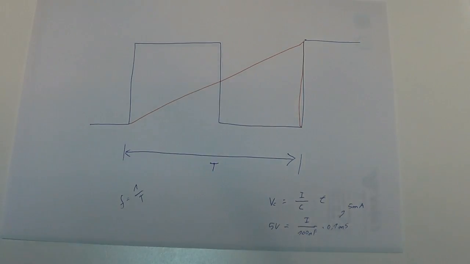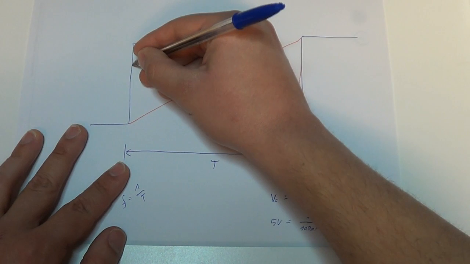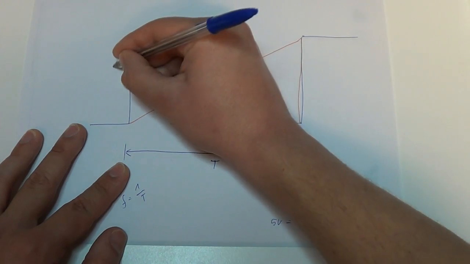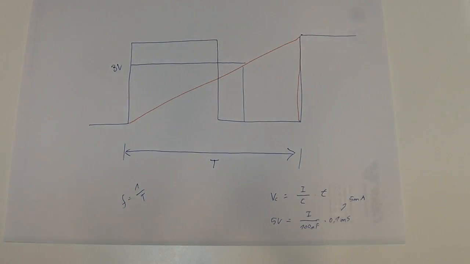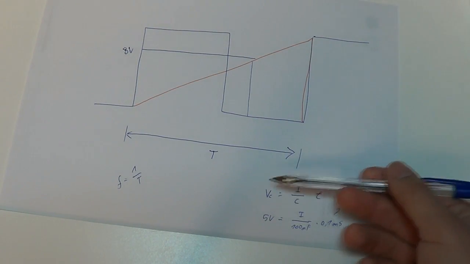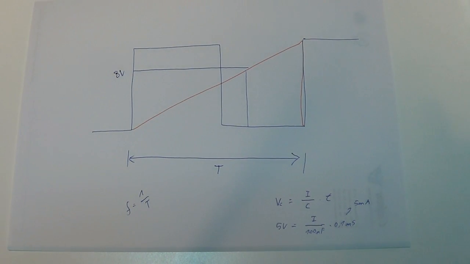And notice that if you are giving this circuit a control voltage of, let's say, 3 volts, the time that this circuit is going to be in the high state is from 0 to 3 volts, and you just have to replace here the values, and you will have the time that this circuit stays in the high state.